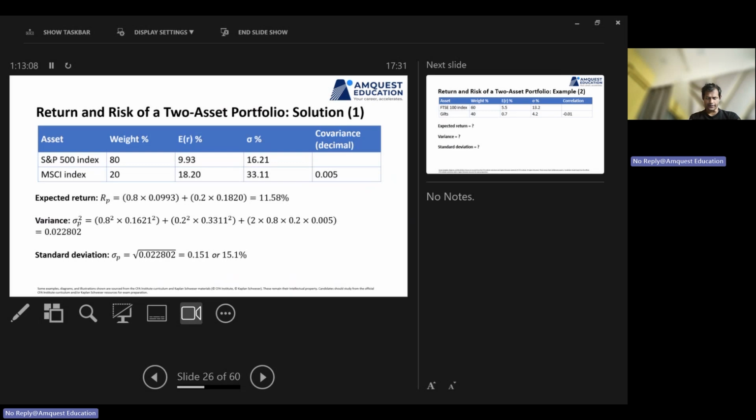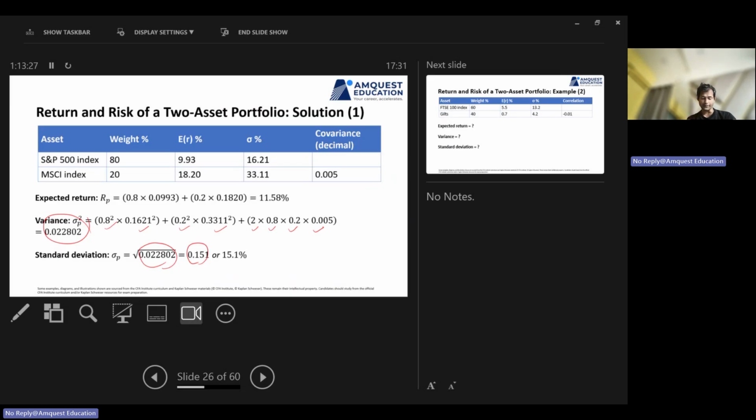Okay, so look at the answer again, 0.8 square into 0.1621 square, 0.2 square into 0.311 square, plus 2 into 0.8 into 0.2 into 0.005. This answer should give you 0.022802. Now I took its square root, so the answer will be 0.15 here.